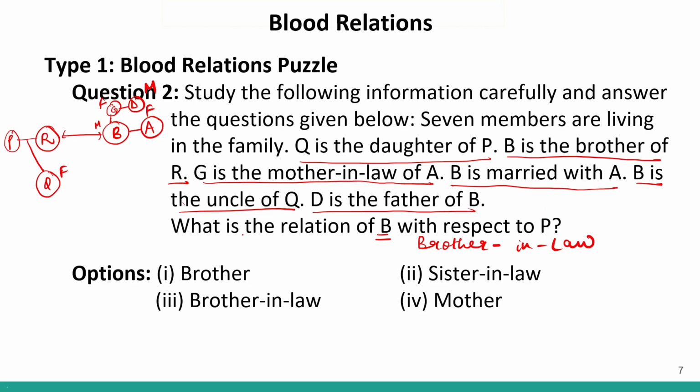If we have to find the relationship of P with respect to B, that would be uncertain because the gender of P and R are unknown. But over here, the gender of B is known. So whether P is female or male does not make a difference. B will always be the brother-in-law. So the answer will be option number 3, brother-in-law.